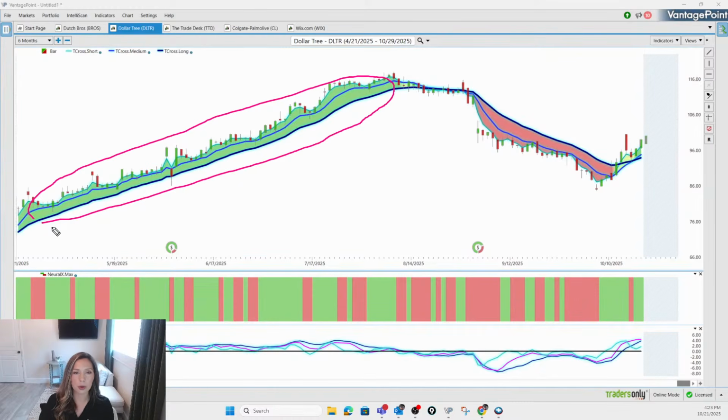And this is really important, because when that trend starts to weaken, you'll get a shading of yellow here, and these lines will start to converge on each other. And so when that convergence happens, that's when you know that things might be at a higher risk. So you can see that we started to get that yellow shading right around here.